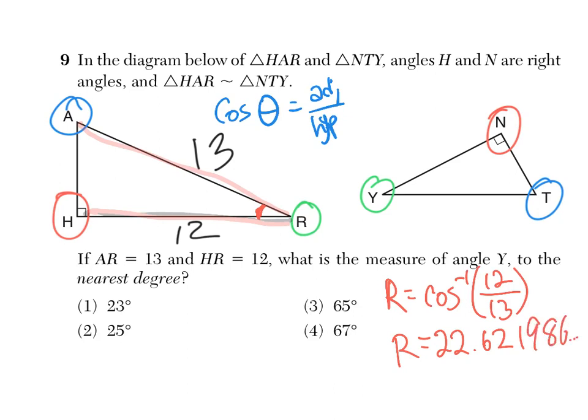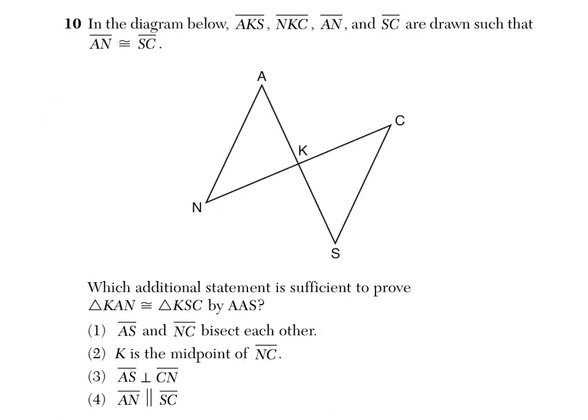And if we're simply rounding it to the nearest degree, R is going to be what? 23 degrees. Is that an option? It is. But again, because we're looking for the measure of angle Y, we know that R and Y are congruent. Y is also 23 degrees. And therefore, the correct answer is option 1 for question number 9.